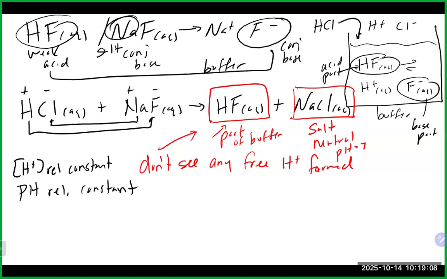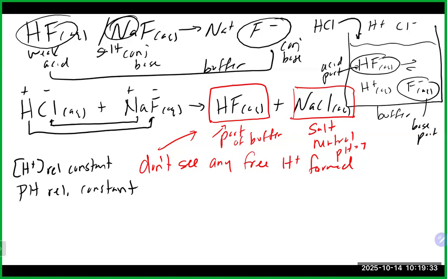Now, I say relatively constant because you are making a little bit more HF, which will provide perhaps a little bit more H plus, and you will actually see the pH go maybe down a little bit, but you will not see a giant jump in pH downward. So maybe again, if we start at a pH of 5, maybe we end up at like a pH of 4.9 something, so a small little decrease because we did add acid.